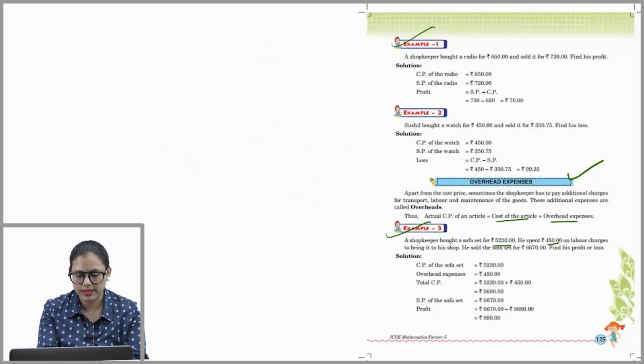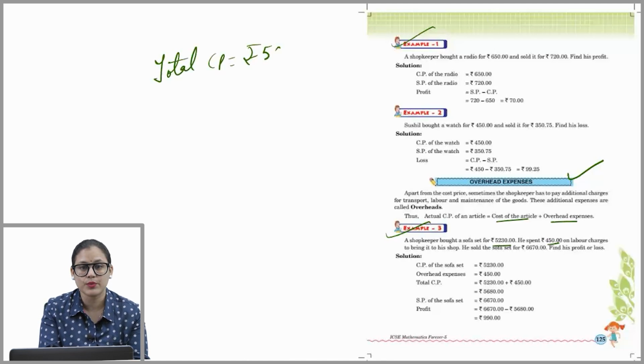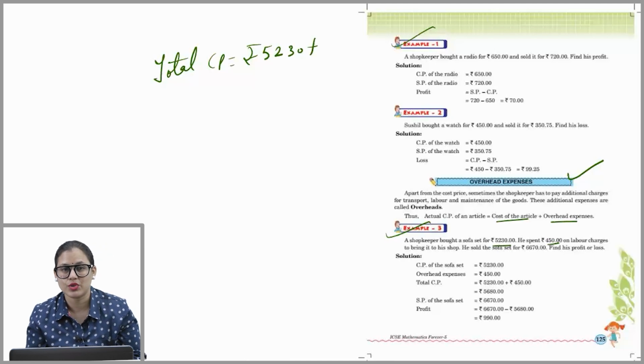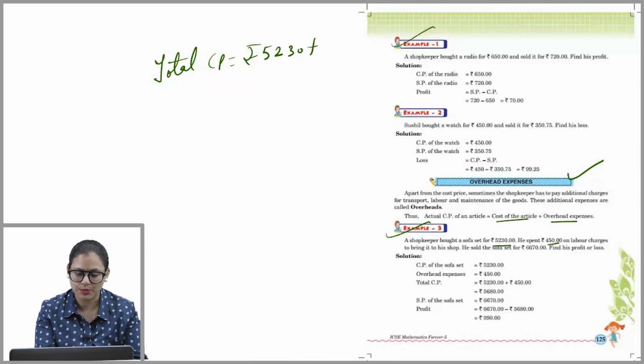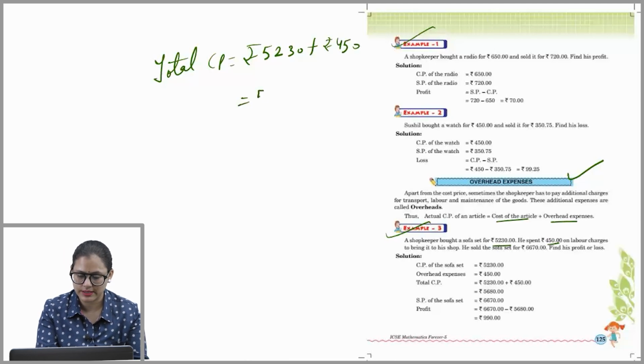Total CP is the cost of the sofa set, which is 5,230, plus labor charges, which is the overhead expenses, rupees 450. So the total is 5,680 rupees. This is the total CP.